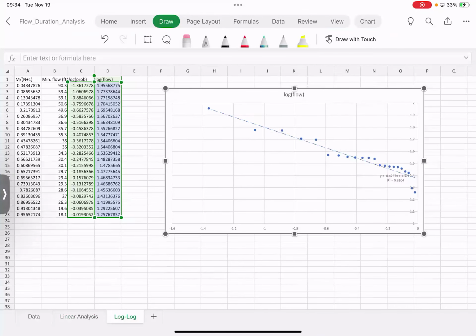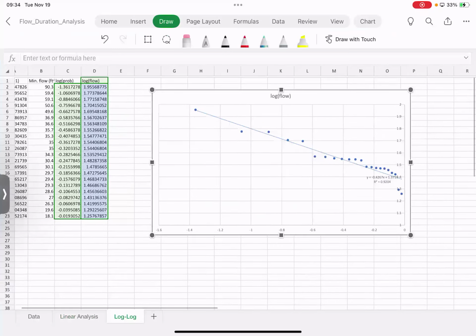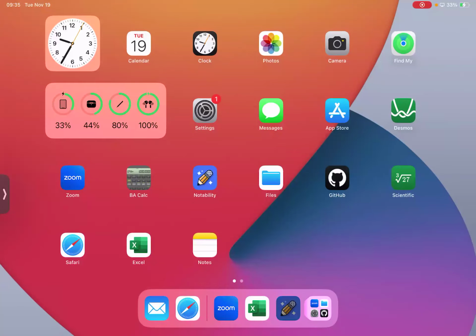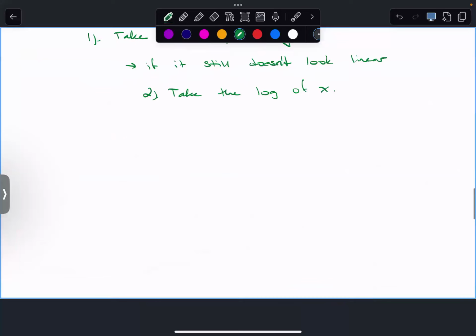So now, if you take the log of both, this is the log-log graph that I gave you. I've taken the log of the flow and the log of the probabilities, and it generates this more straight, or linear, relationship. So here we've got a log-log graph.